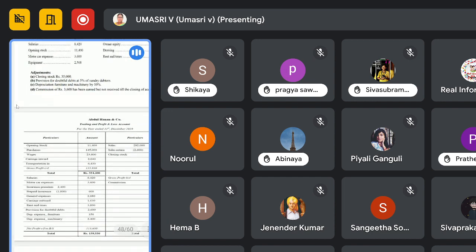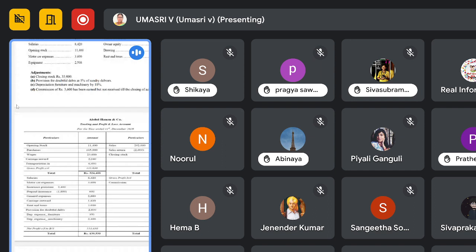That is bad debts given in the trial balance plus bad debts written off given in the adjustment plus new provision for bad debts, and the new provision means what is given in the adjustment, 5% or 10%, whatever you are calculating, that you have to add, minus old provision for bad and doubtful debts. The old provision which is given in the trial balance, you have to deduct it. This is the net adjustment in the profit and loss account.